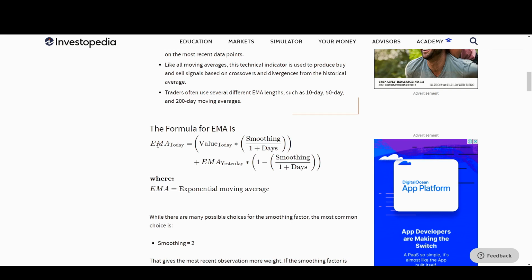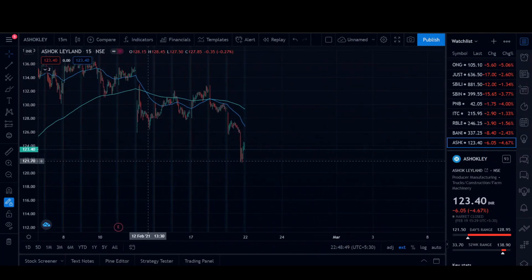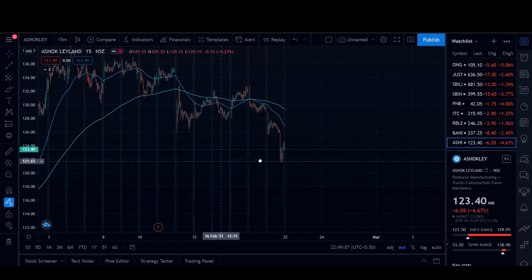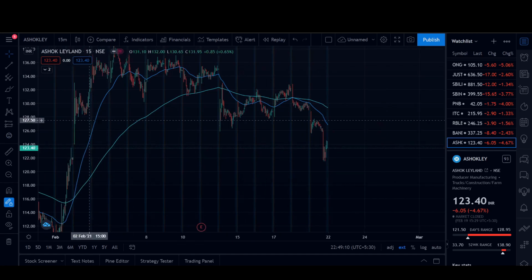Okay guys, now I'll be showing you how you can take trades based on the 200 EMA and the 50 EMA crossover. So how do you get to know which EMA is which? As we can see here, there are two lines. How do you know which line is which EMA?